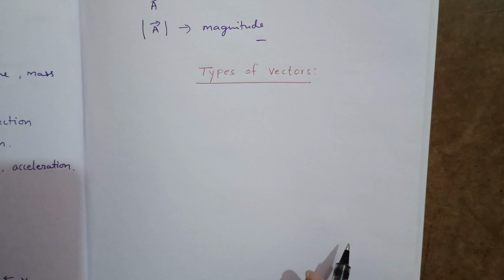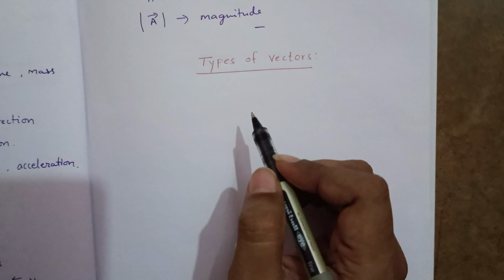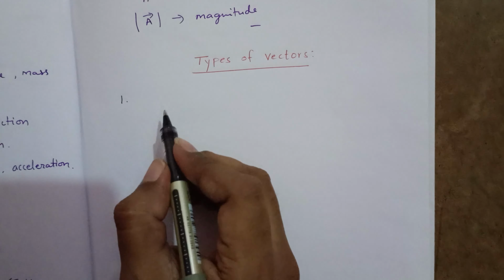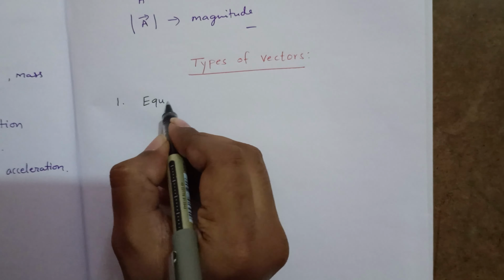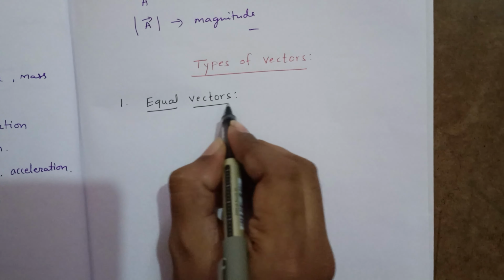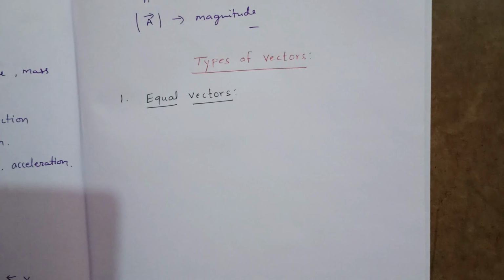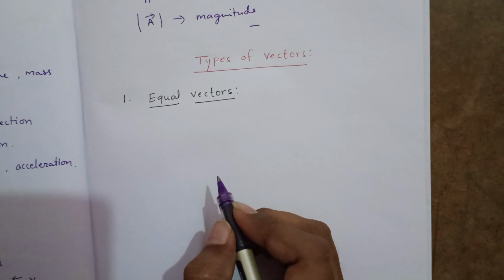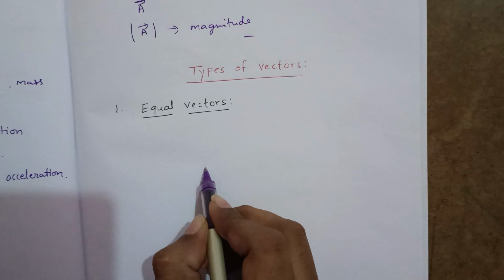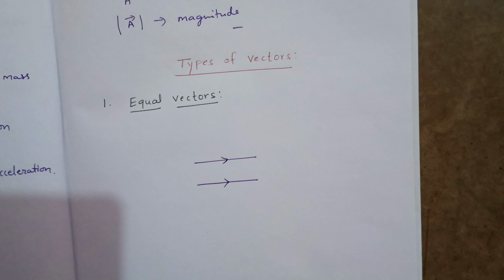Now types of vectors. Vectors have different types. The first one is equal vectors. Equal vectors means two vectors have the same magnitude and direction. This is one vector, this is another vector.